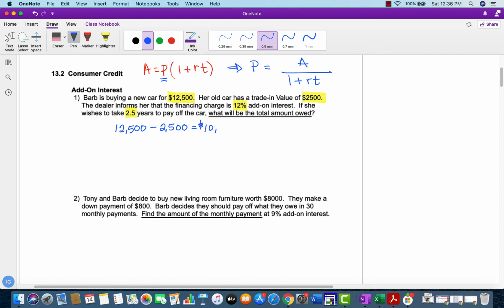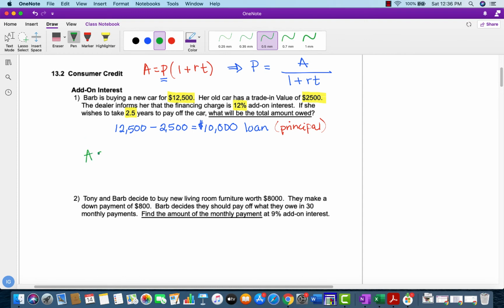So in reality, what you owe or what your loan is going to be is $10,000, right? When you subtract, this is your loan. This is basically your principal. There you go. Now we can calculate this.